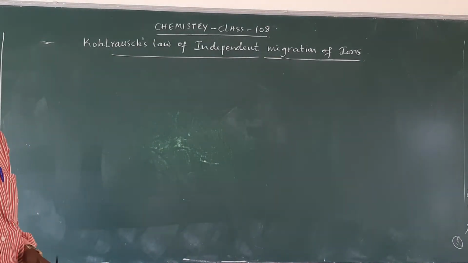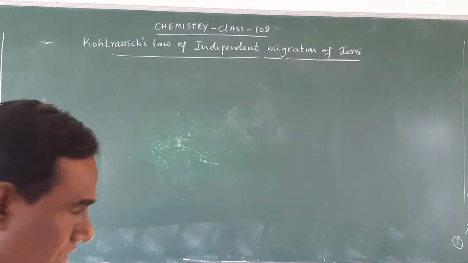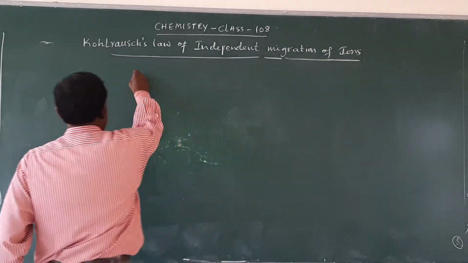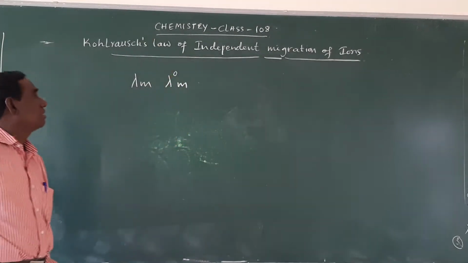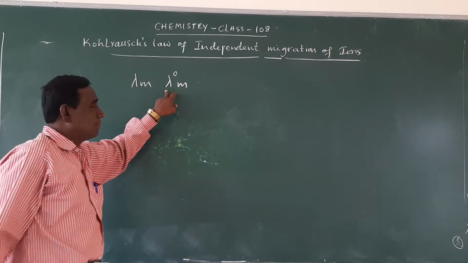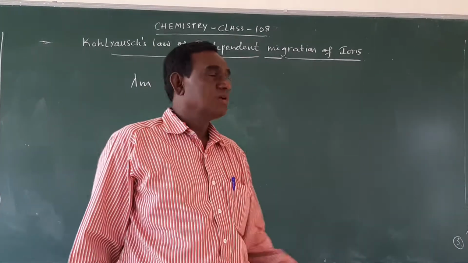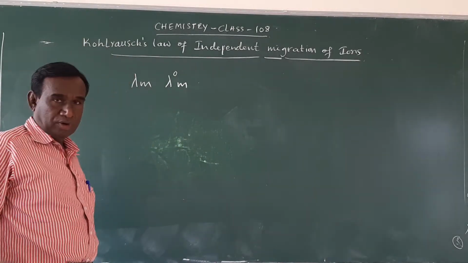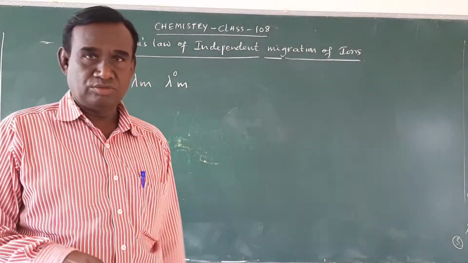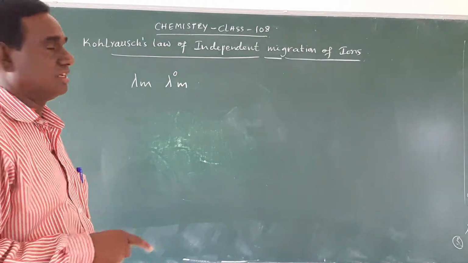In the previous class, we came across lambda naught, molar conductivity, and limiting molar conductivity. Molar conductivity is the conductivity produced by all the ions present in the solution which contains 1 mole of an electrolyte, lambda m.